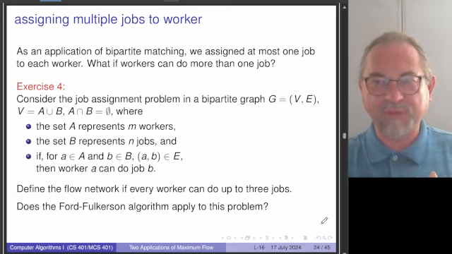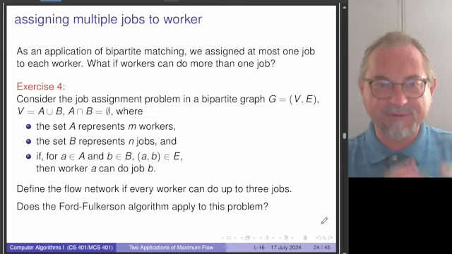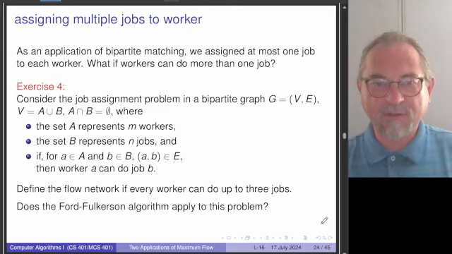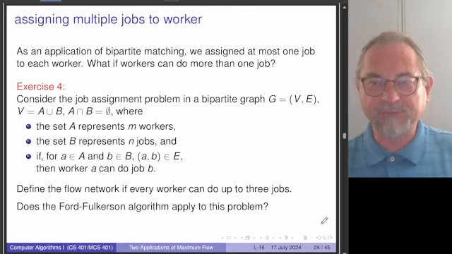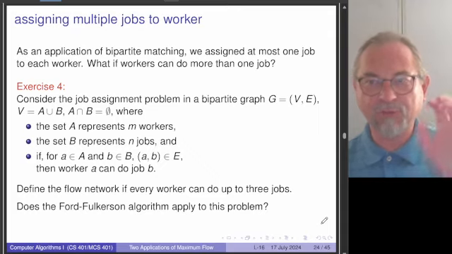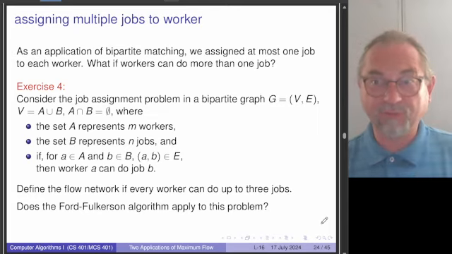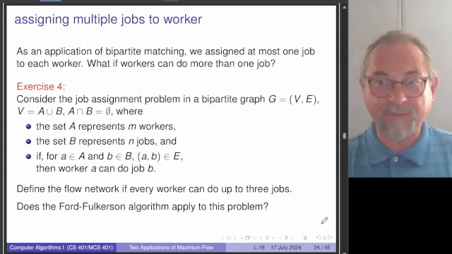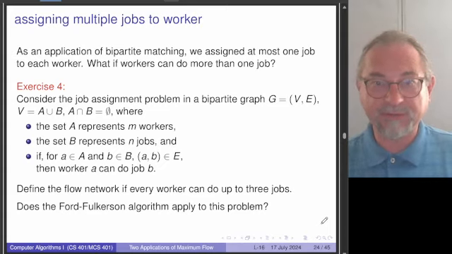That could be another way of seeing this. You can set up a flow network so every worker can do up to 3 jobs. Instead of having capacity 1 from source to workers, you have the value 3 there. Now, does this define a flow? That's what you have to decide, to prove, by verifying the capacity conditions.